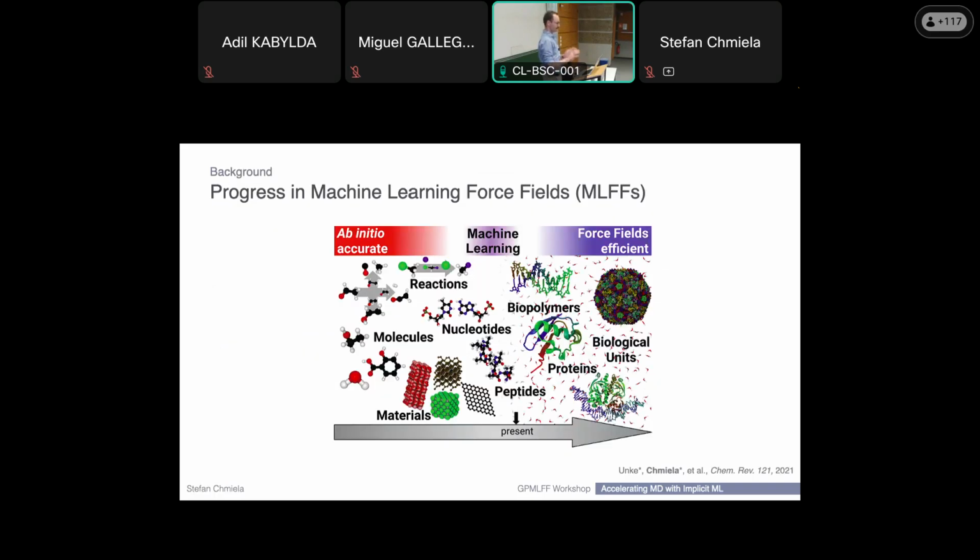Before I get going with implicit modeling, I want to show this image. It's probably going to be the most shown figure today. Alex taught me how to appreciate it because it really tells many stories. This is from a review that we wrote together with Klaus and Alex back in 21. Back then, we took account of the state of the field, and what was possible was already quite amazing.